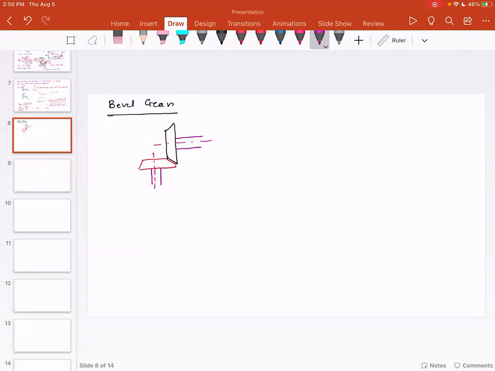There are two types of bevel gears. One is the straight bevel gears, and they are also called miter gears. And the second one is angular bevel gears.